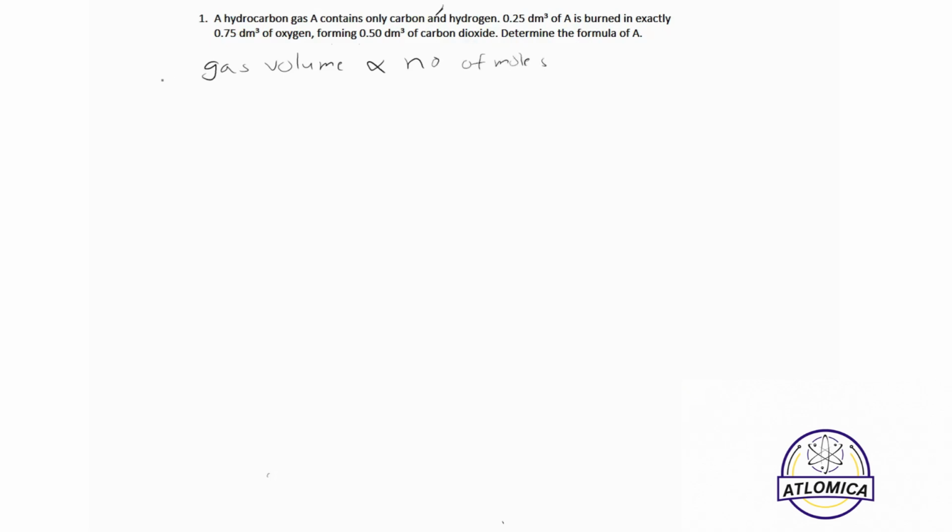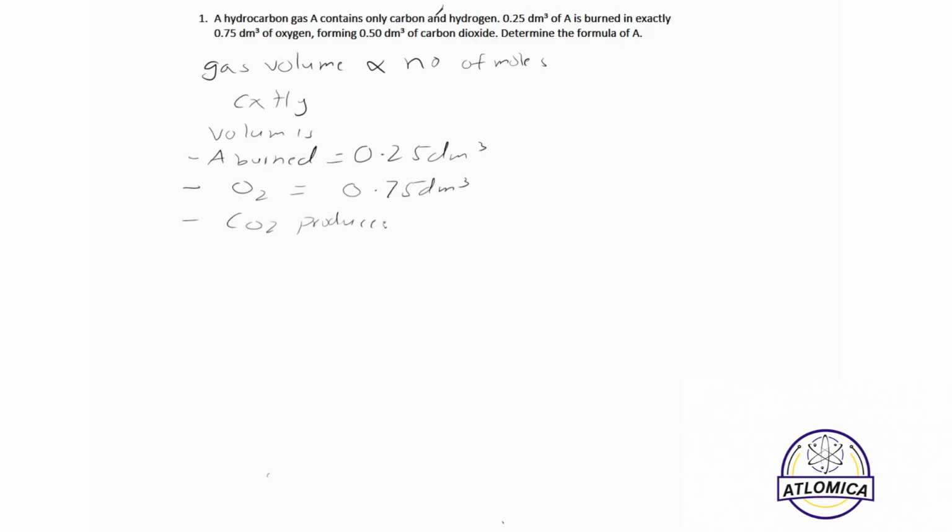So we can take our hydrocarbon as CxHy. Let's quickly go over the values we have. So the volumes are: volume of A burned is 0.5 dm³, volume of O2 that we used is 0.75 dm³, and the volume of CO2 produced is 0.5 dm³.